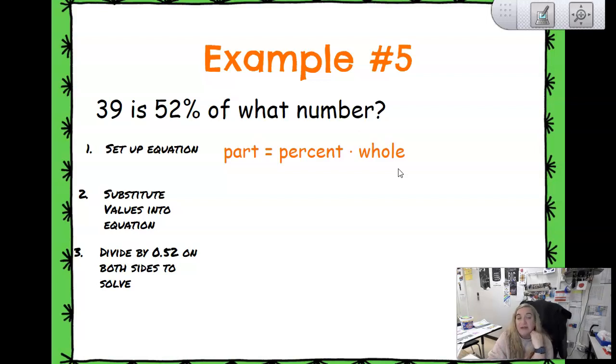Then you're going to substitute values into the equation. So the first one you need to identify is the part. So looking through here, I have 39 is 52% of what number? So for me, I see the keyword is. So that's going to tell me that that is the part.